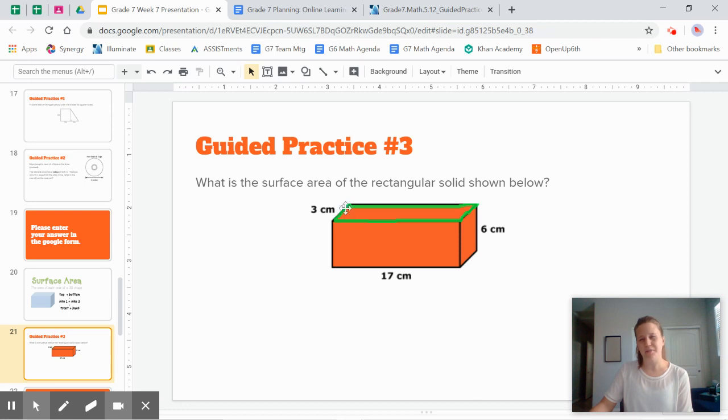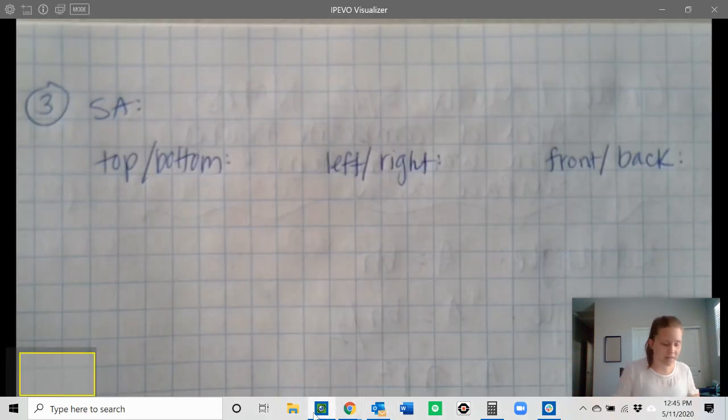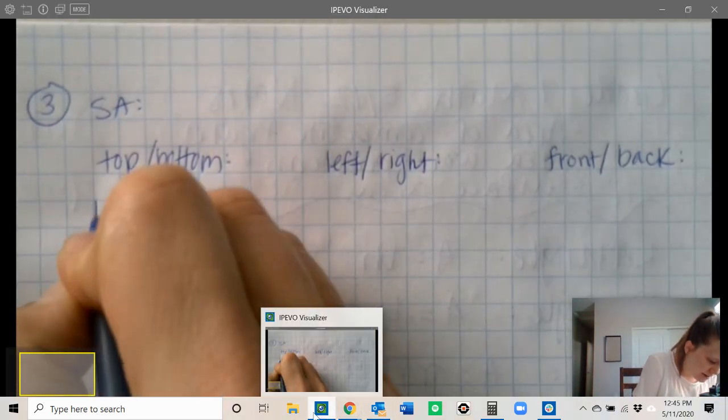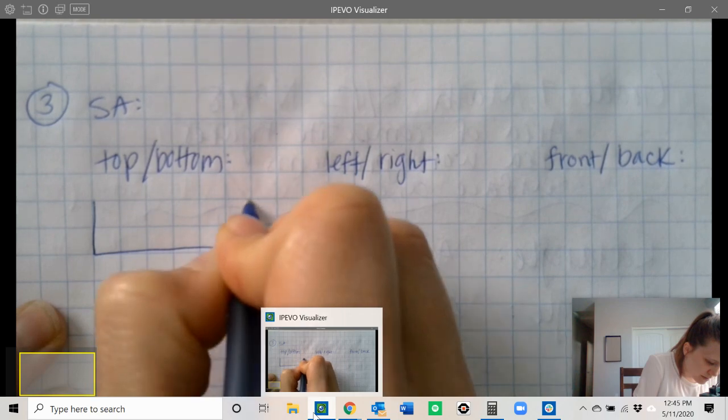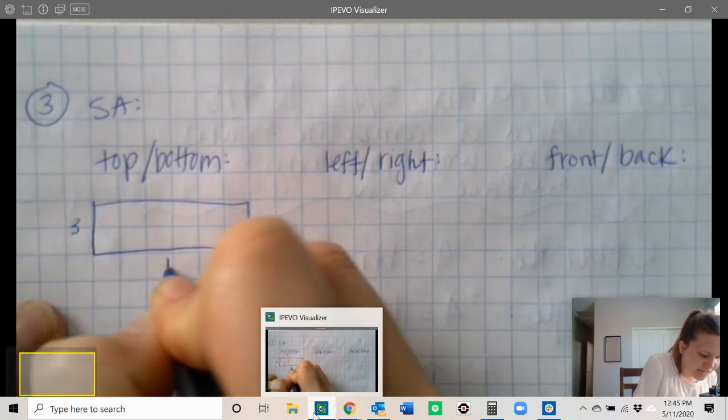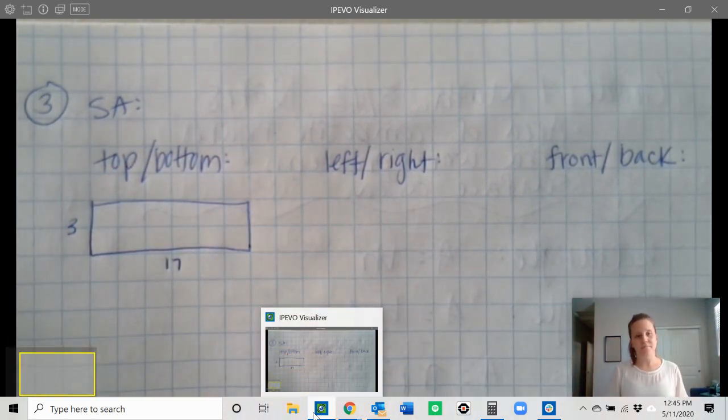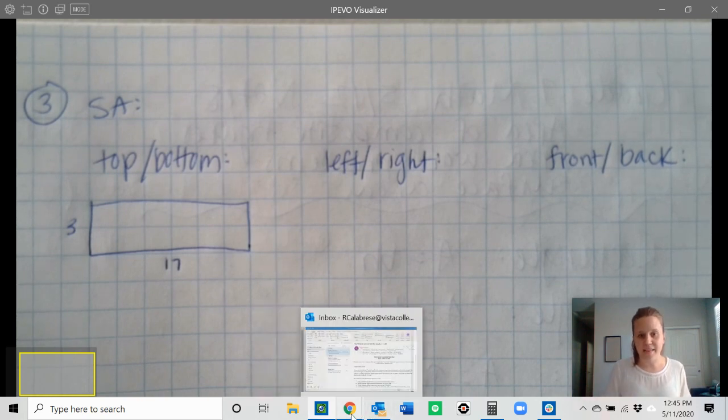Yes, this height is 3, and the base is the same as this base, which is 17. So I'm going to go ahead and do a quick drawing on my paper, and I'm going to label it 3 and 17. Let's do the same for the left, right, and the front, back.